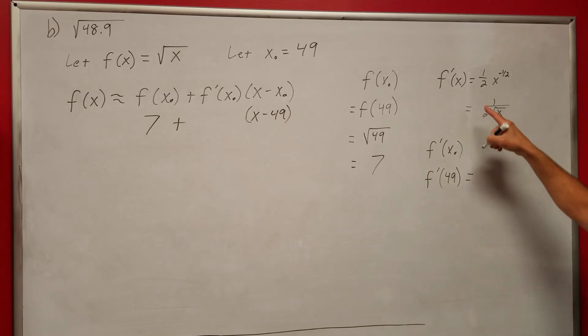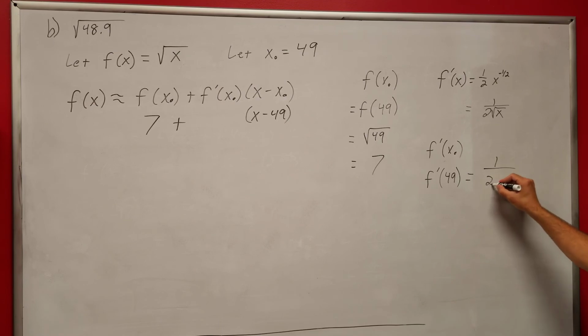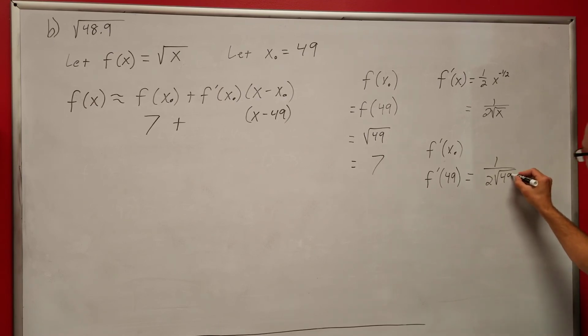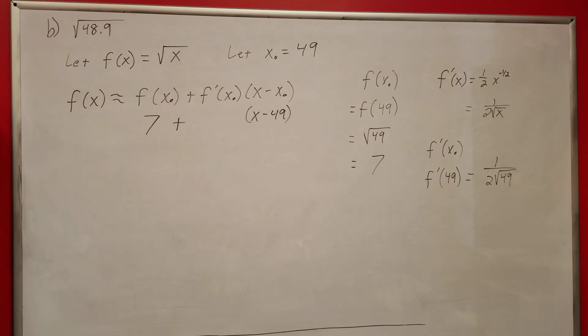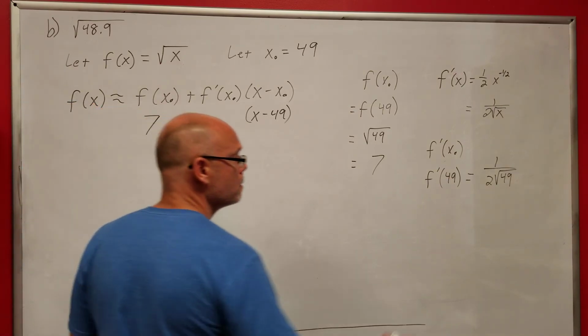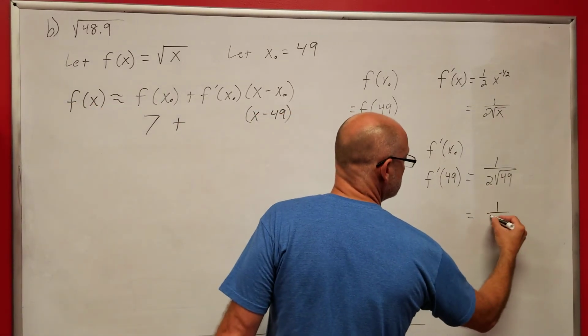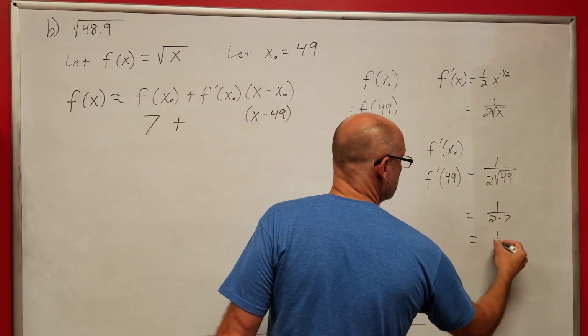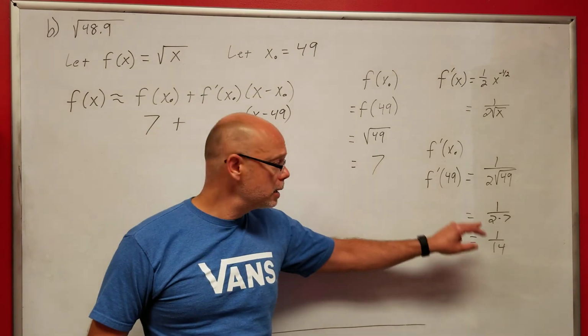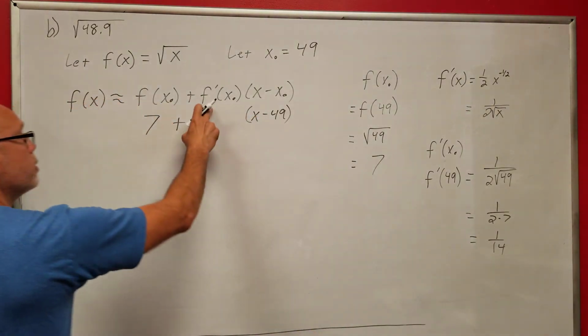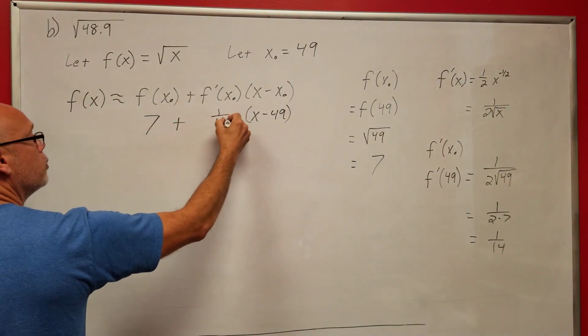So I take this f prime value here and sub in 49 for x. So I get 1 over 2 times 7, or 1 over 14, right? So f prime of x naught is 1 over 14.